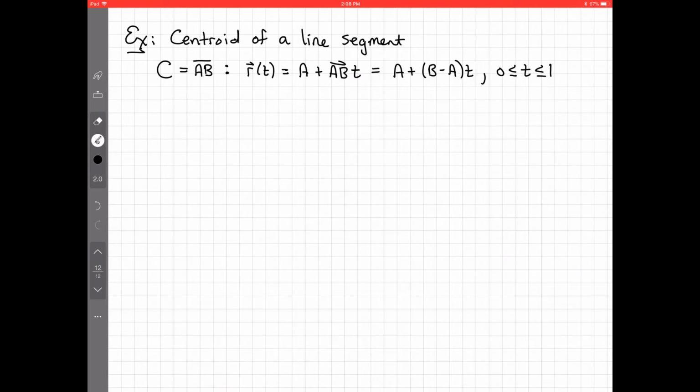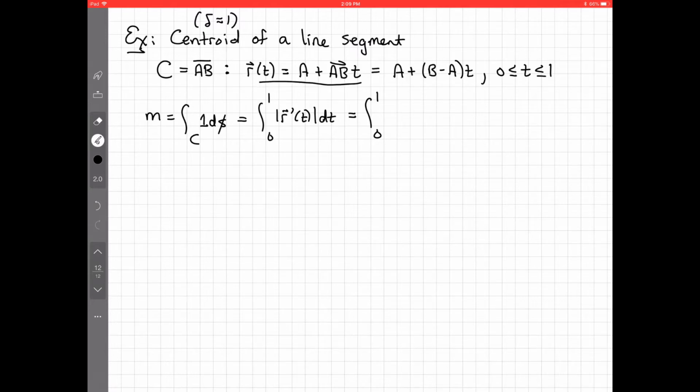So first we need to find the mass. Remember, for centroid, this is constant density. The density is 1. And so mass is actually the same thing as arc length, which again, if you think about what this is for a line segment, our calculation here is kind of silly. So I need the integral from 0 to 1 of the length of r prime of t dt, but the derivative of this particular parameterization really is just AB.